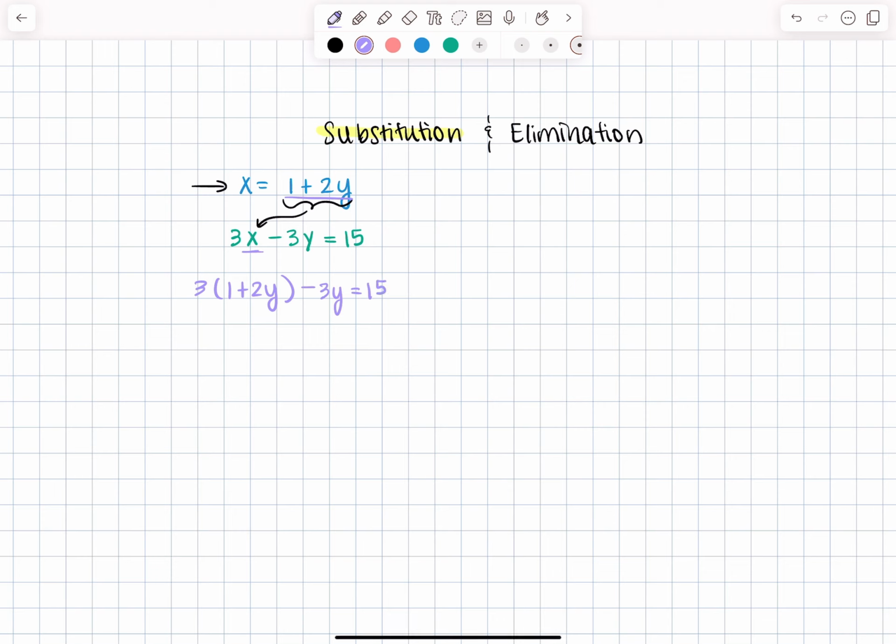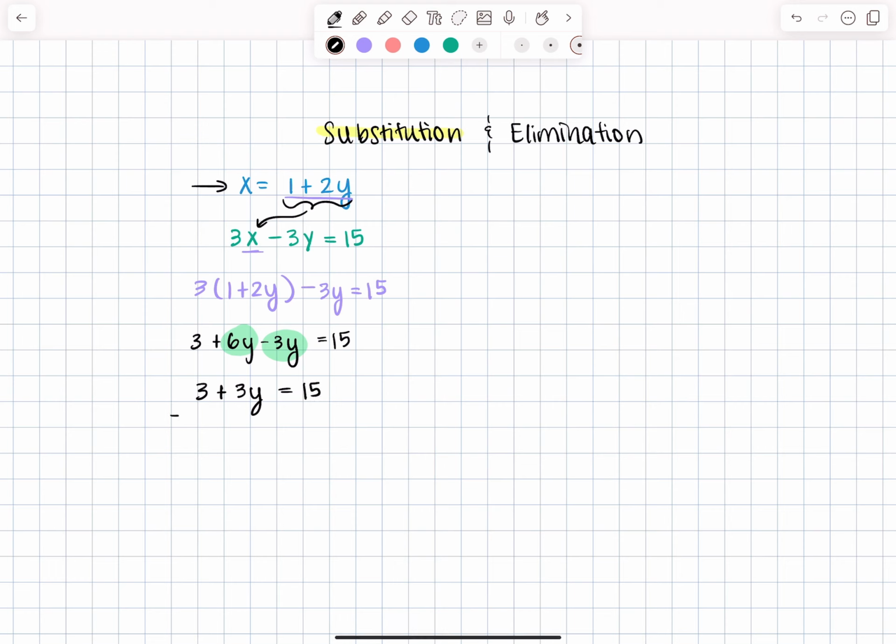So now that we have one variable, we can solve for y. So we have 3 plus 6y minus 3y equals 15. We can combine like terms. So we have 6y and negative 3y. So that becomes 3 plus 3y equals 15.